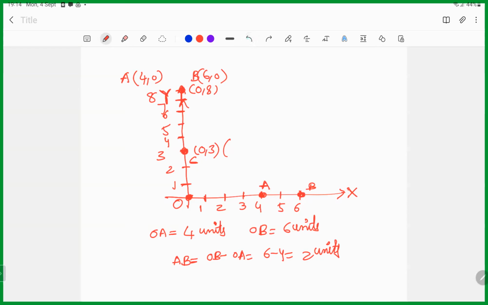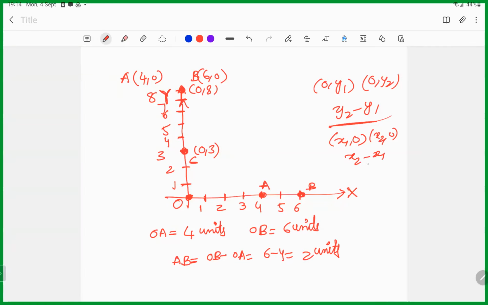Got it? It is (0, y1) and the other point is (0, y2). The distance will be y2 minus y1 or y1 minus y2, whichever is positive, we take it. If the points are (x1, 0), (x2, 0), then the distance will be x2 minus x1 or x1 minus x2, whichever is positive, we take it. So this is easy when the points lie on the x-axis or y-axis.